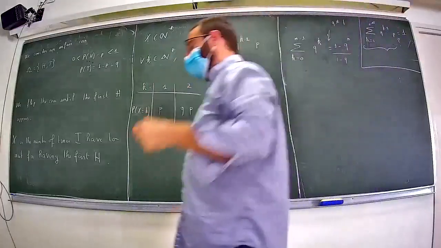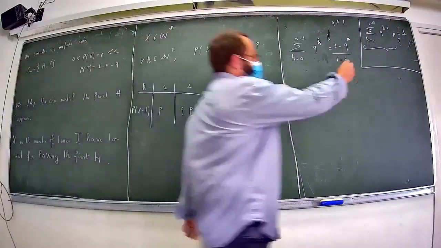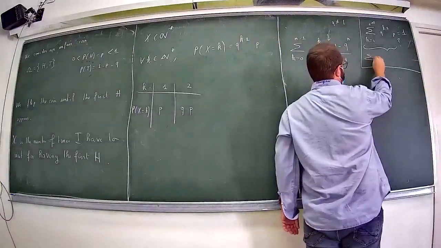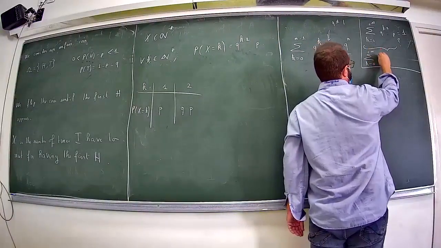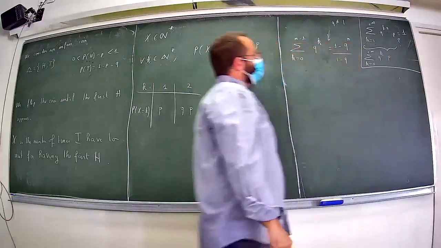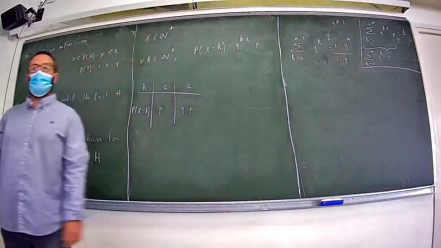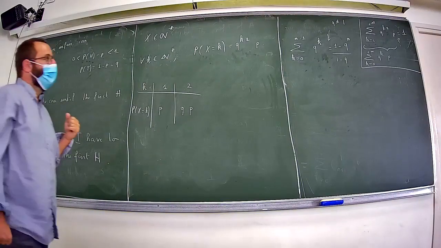If I do this, I will obtain a sum from k equal to 0 to plus infinity. So this sum may be written exactly in the same way: the sum from 0 to plus infinity of q to the power of k, p. It's the same thing, changing the index, exactly as I have done in exercise 25.